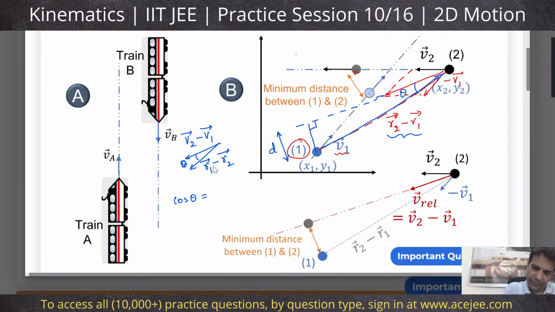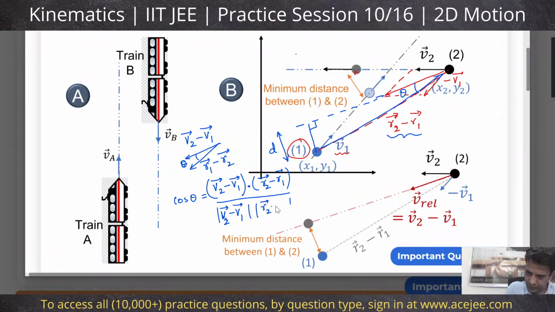Cosine theta would be the V2 minus V1 dot product with R2 minus R1, divided by the magnitudes of the two vectors. Now this is cosine theta.